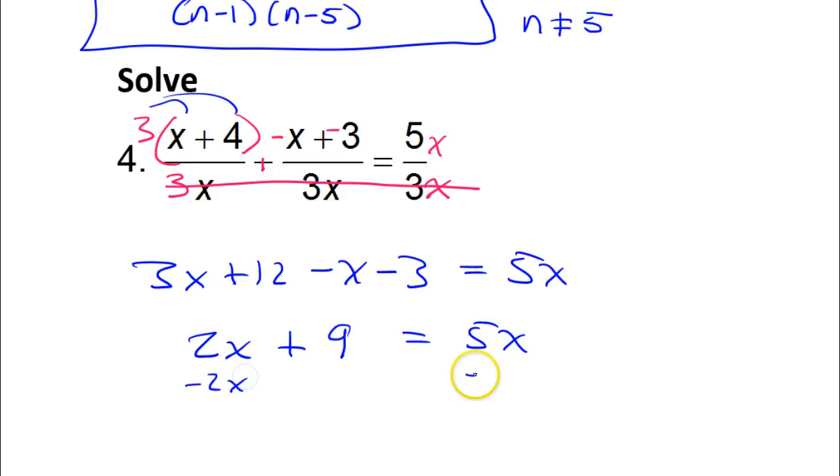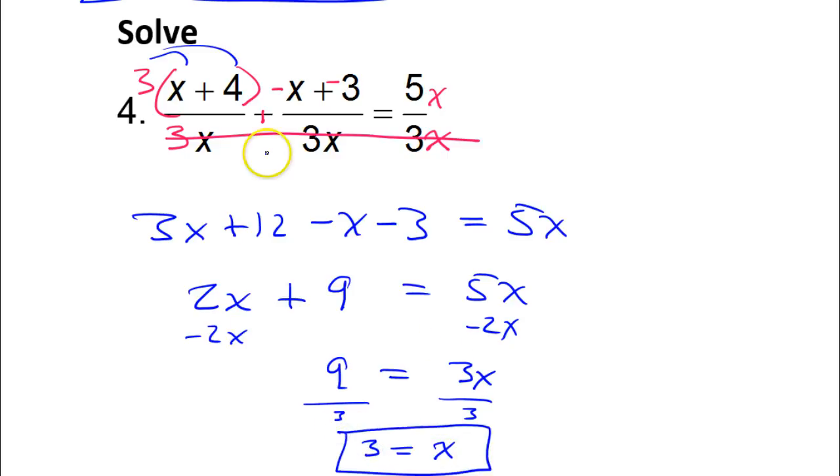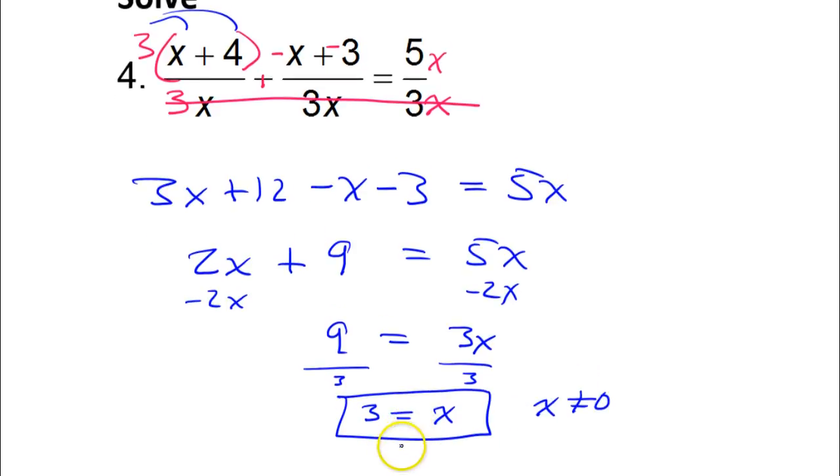Subtracting 2x from both sides is going to give me 9 is equal to 3x. And then dividing both sides by 3, that's going to give me x is equal to 3. Now let's just check our excluded value. X cannot equal 0. So 3 is fine, so that is the final answer.